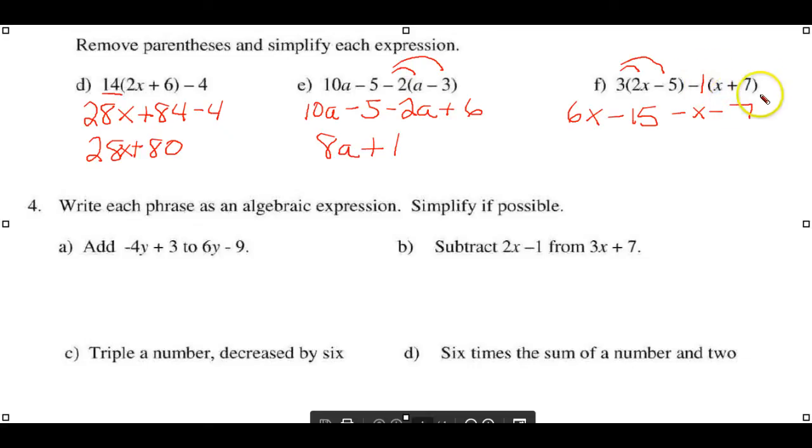Or just remove the parentheses and change both signs. Now we combine like terms. A 6x and a negative 1x, if you want to put it there. And then this, a negative 15, negative 7, negative 22.